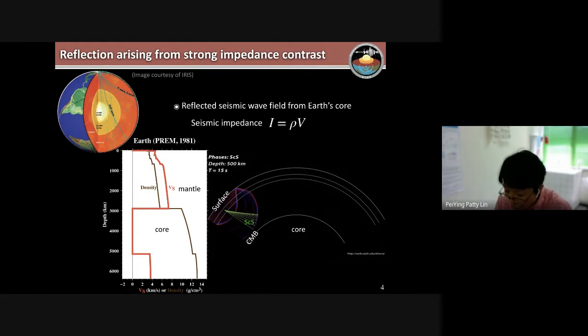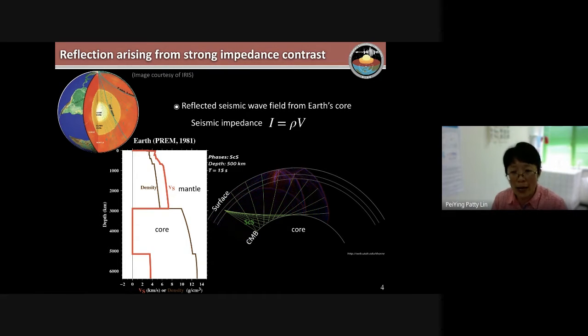So you can see when the earthquake happened, the wave field propagates all the way. Some waves reflect at the core-mantle boundary and go back to the surface, and we record it. In seismology, we call it ScS. The small c means reflection from the core-mantle boundary.